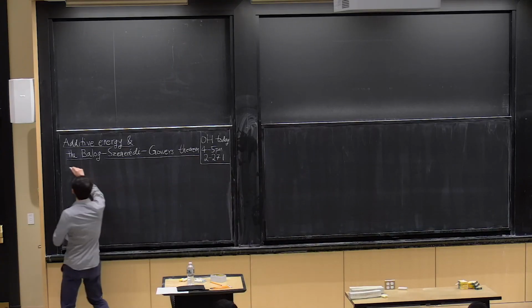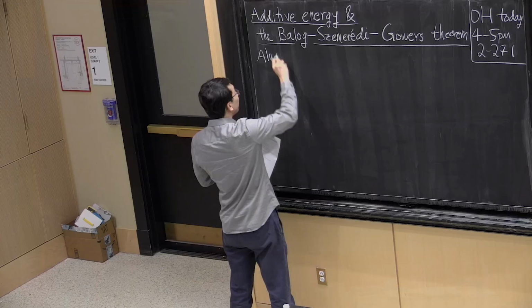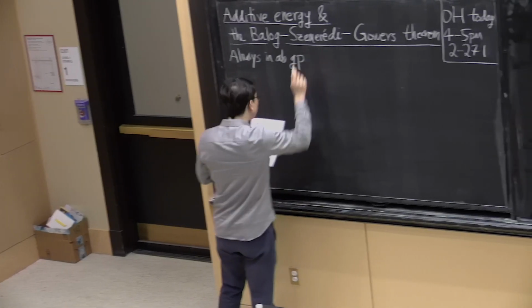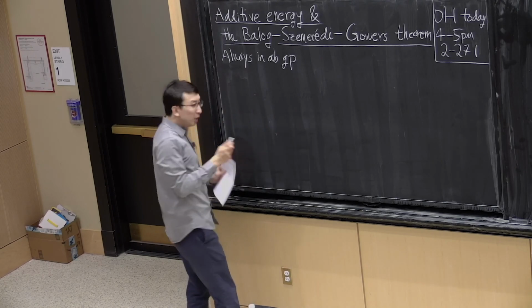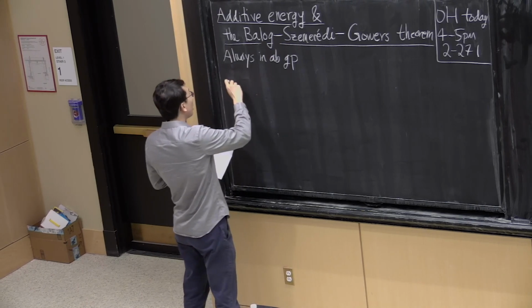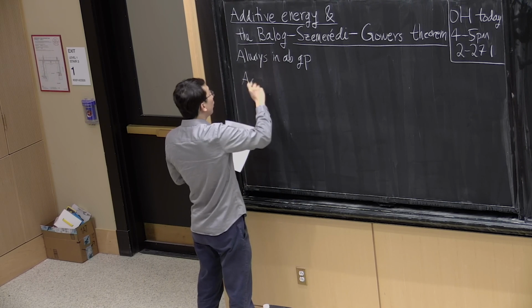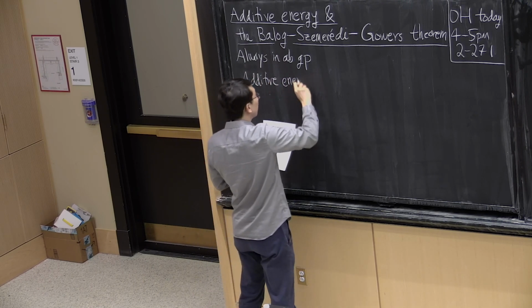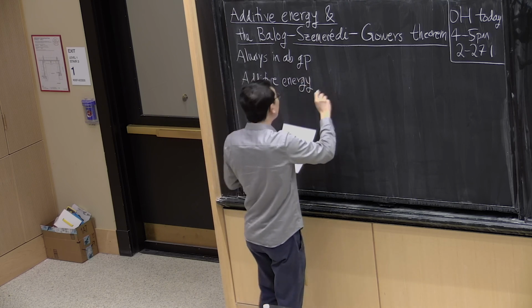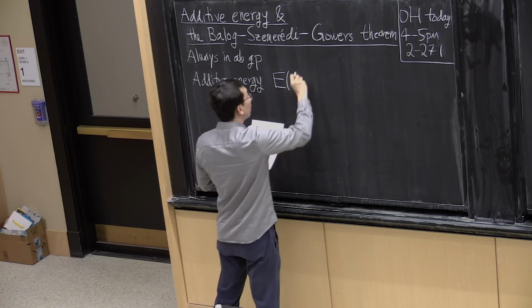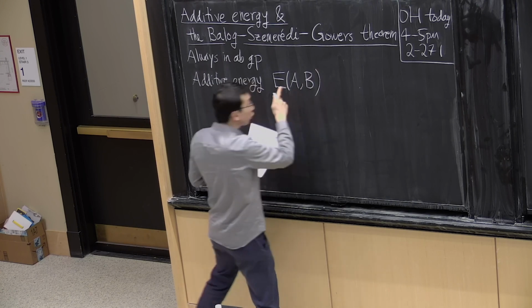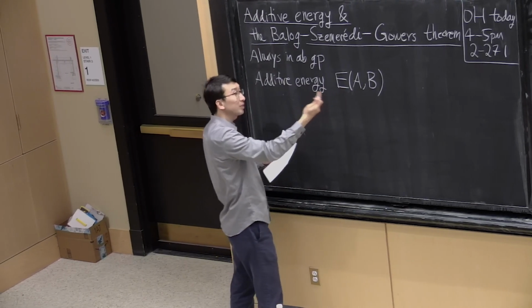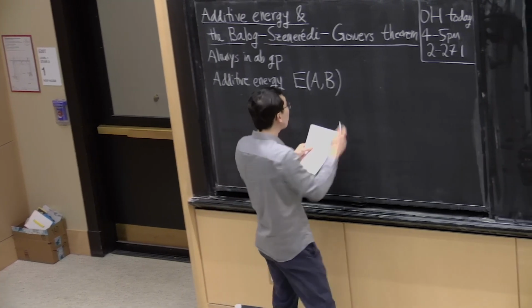So in today's lecture, we're always going to be working in an abelian group. Let me define the following quantity. Given sets A and B, we define the additive energy between A and B, denoted by E of A and B. So A and B are subsets of this arbitrary abelian group.